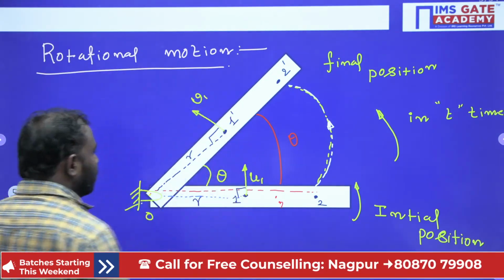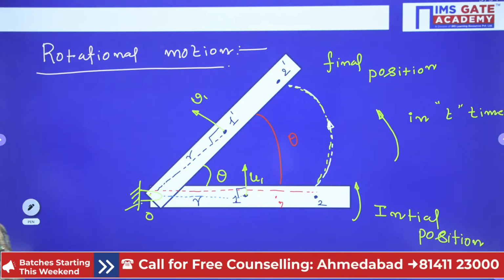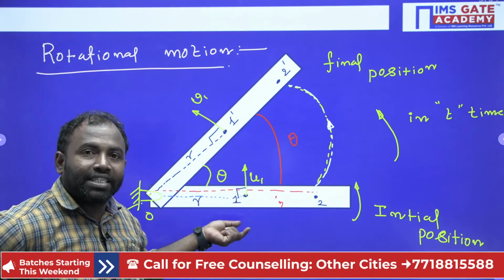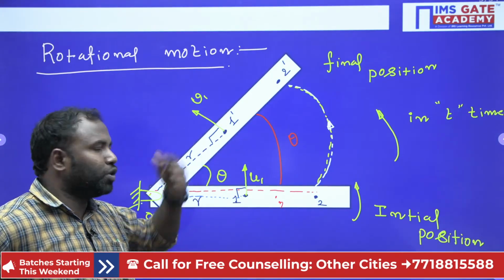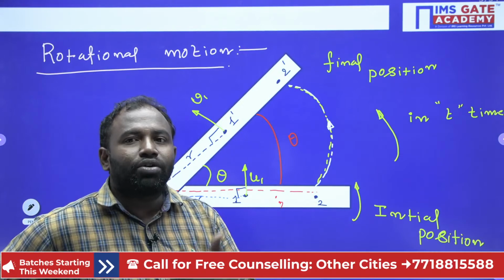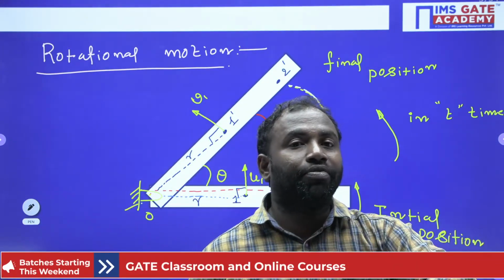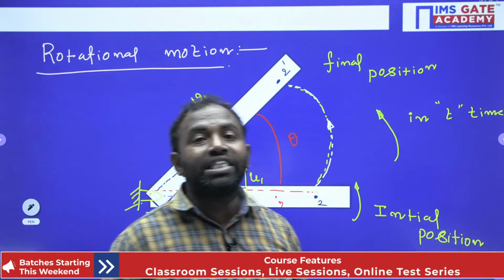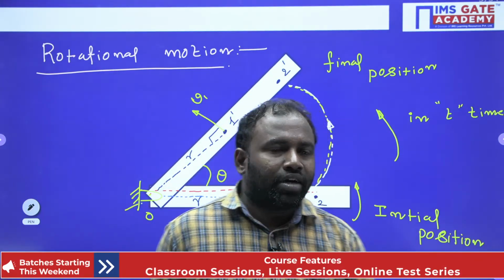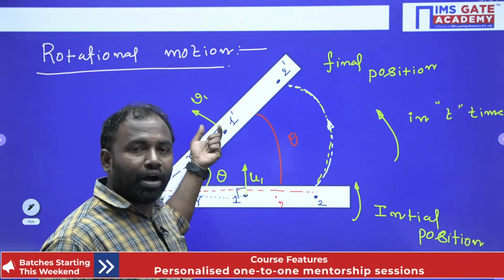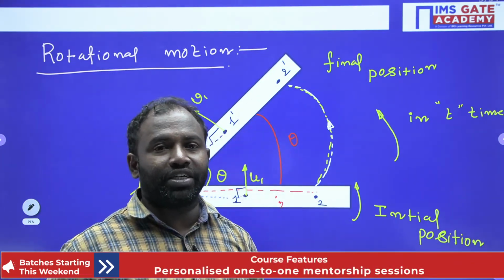The direction of velocity for particle 1 is different at the initial and final positions. What I would like to conclude here is that the velocity magnitude and direction are different for particle 1 when the body is in rotation. Magnitude of the velocity is changing, and direction of the velocity is also changing. Clear everybody?